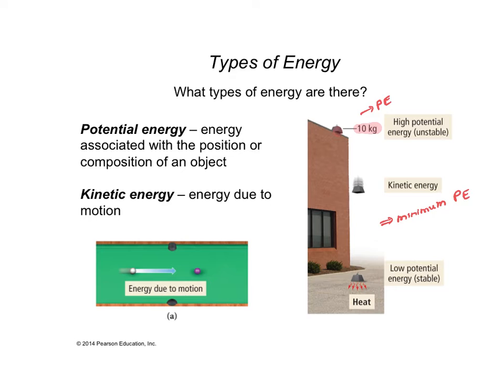The weight falls to the earth because it has a minimum of potential energy at that point in time. When it hits the earth, it's very little potential energy. A lot of that has been transferred in the form of work with respect to the ground. Okay? So again, potential energy is the energy associated with the position of an object, whereas kinetic energy is the energy associated with motion. Okay?